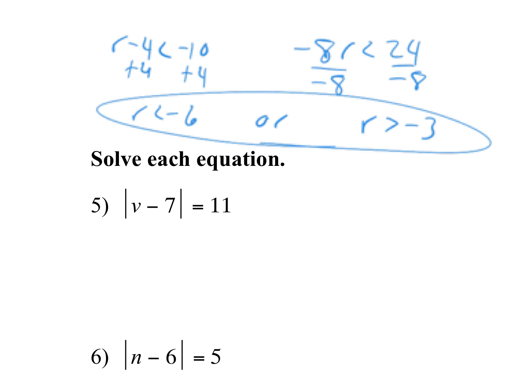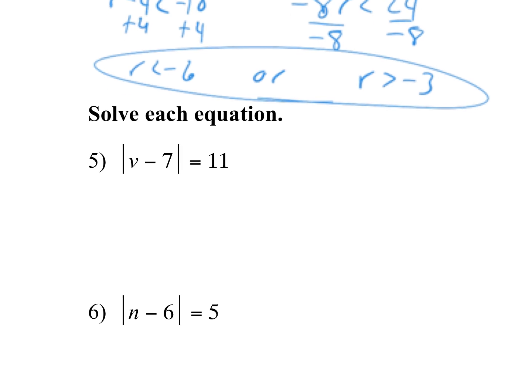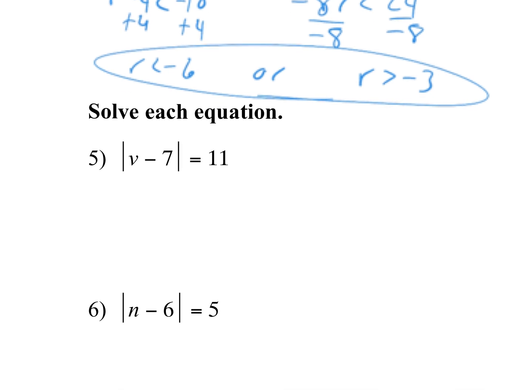You just do minus 7 on both sides. Okay, but what do we do first? You just take away the brackets. Okay, you take away the absolute value and do what? We're going to have v minus 7 equals 11, right? Yeah, and then you do plus 7 on both sides.